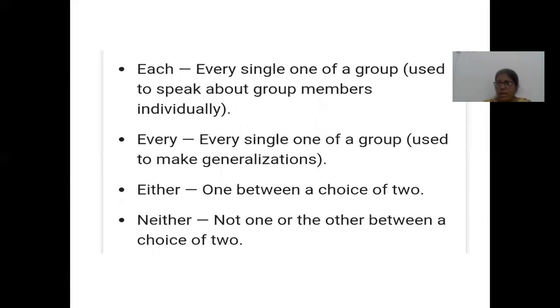Every means every single one of a group, and it is generally used to make generalizations, means to make general statements. Either means one between a choice of two. Two are there and you have to choose one. Neither means not one or the other between a choice of two.